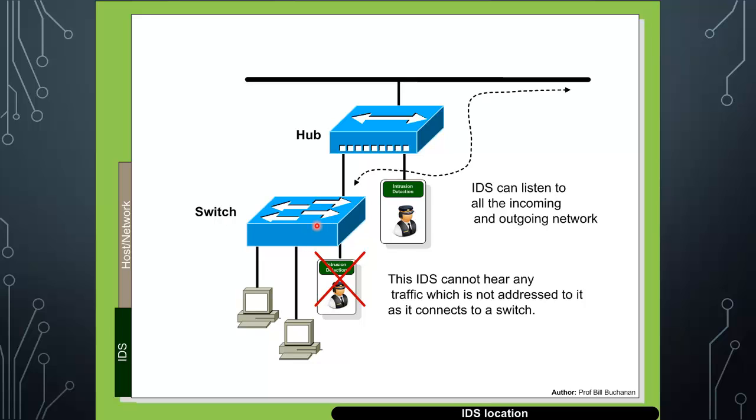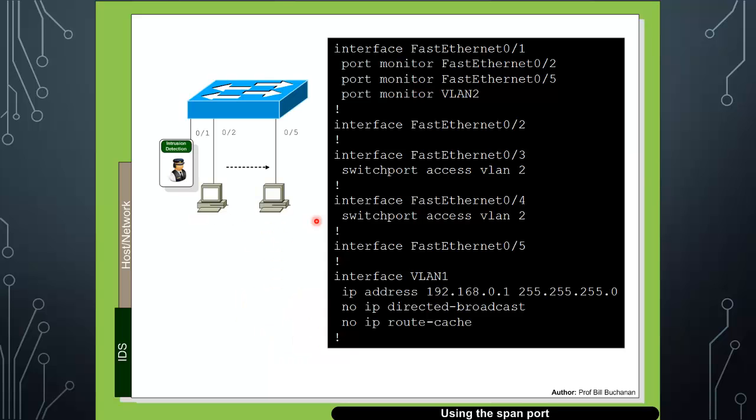Unfortunately, a switch does not operate like this, and the IDS system cannot hear the traffic from the other networks unless we set up a special SPAN port operation. In this case, we're on a Cisco switch, and on the interface that the device is on, we define a port monitor.